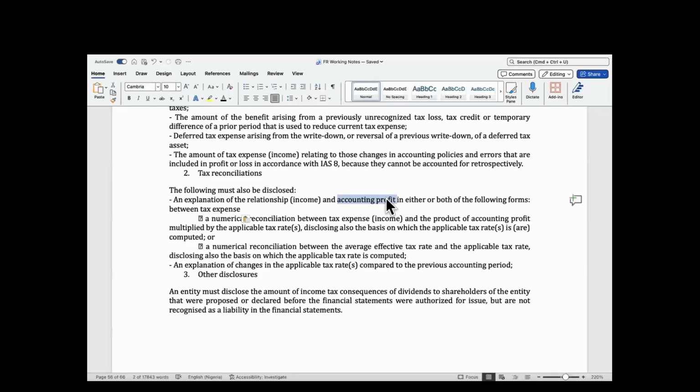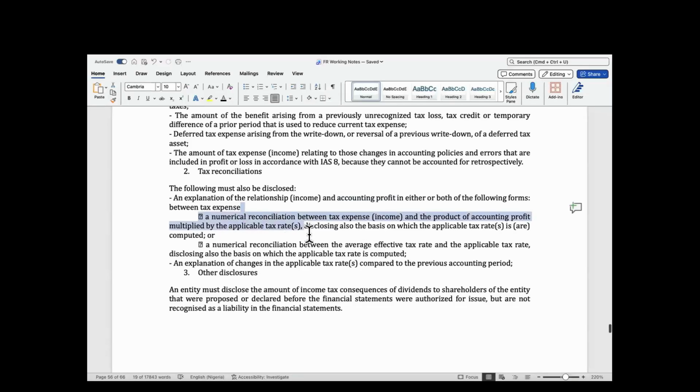You're supposed to show us why we can't just do 30% of profit, because the rate of tax is 30%, right? So you need to do a numerical reconciliation between your tax expense and the product of accounting profit multiplied by the applicable rate, so that we will understand why there are differences.